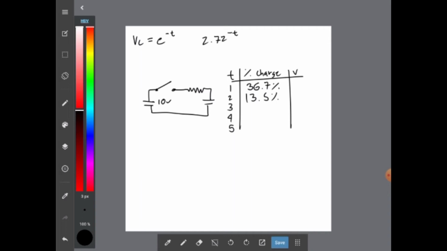For the 3, 4.9%. As for the 4, 1.8%. And lastly, for the fifth number, we get 0%.